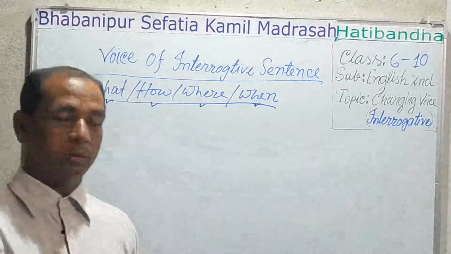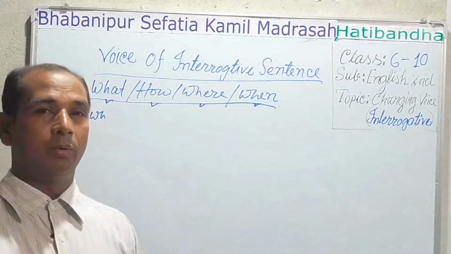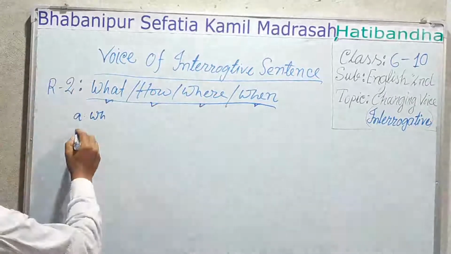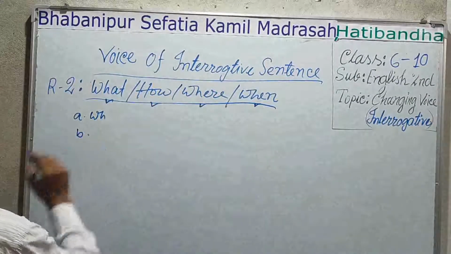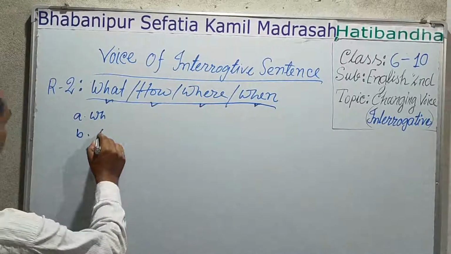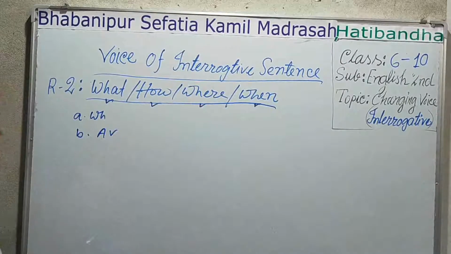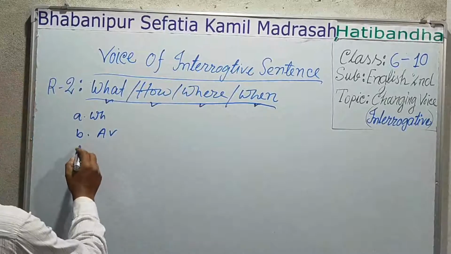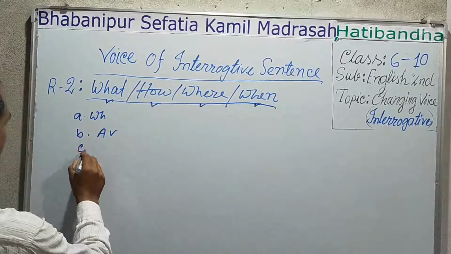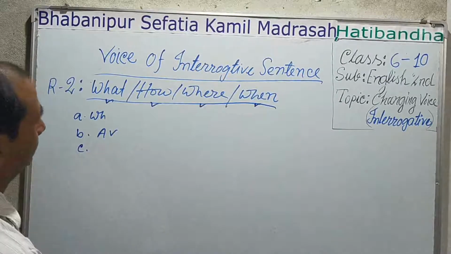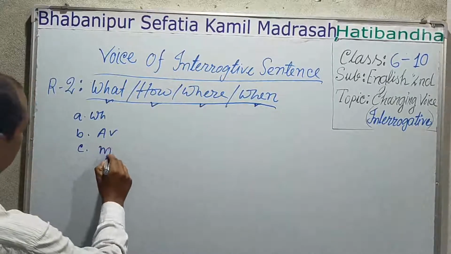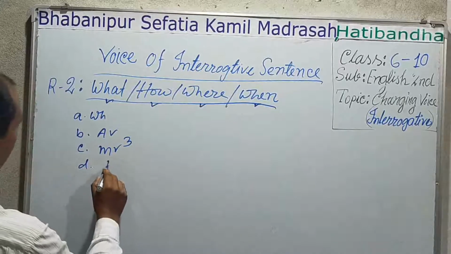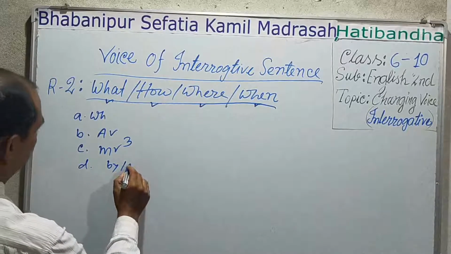What we will find in our interrogative sentence: B, every auxiliary verb, C number, main verb past participle, D, by, with, to, etc.